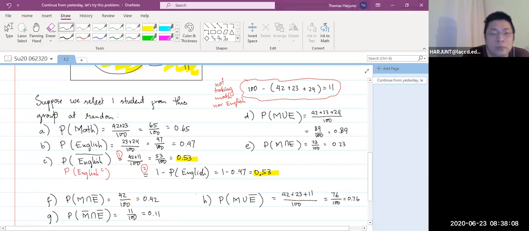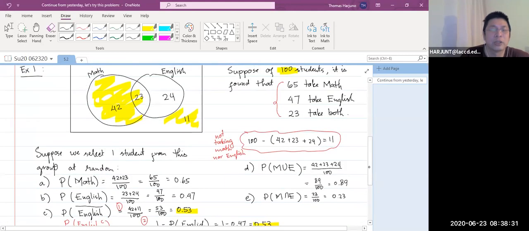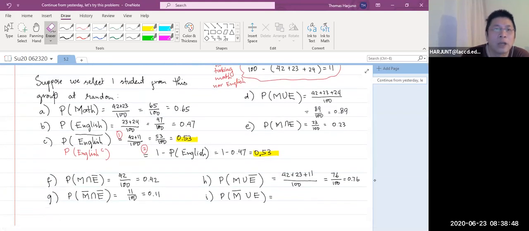Okay, then you try this then. Part I, probability of selecting someone not taking math or taking English. Taking math, not taking math or taking English. Can you do that? Now, can you tell me what number do I need to add?